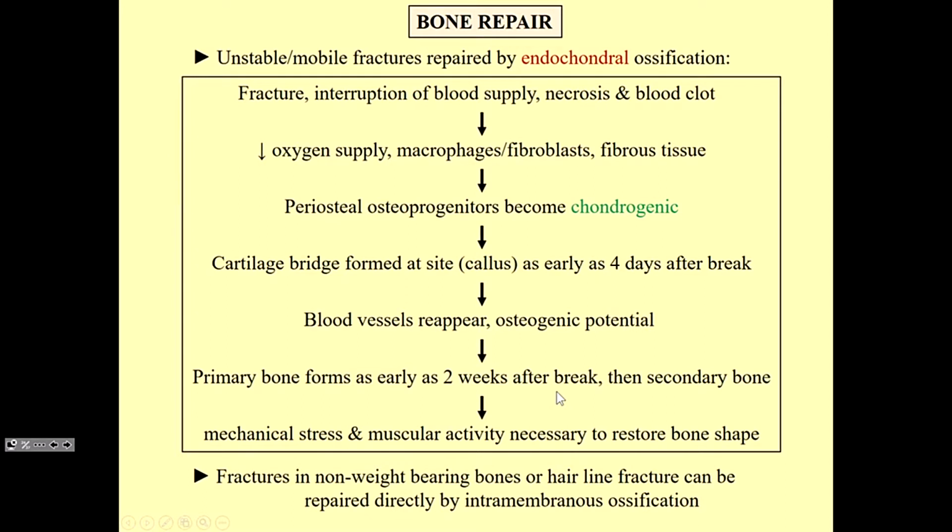So there's that sequence. All three of those events, the evolution of skeletal structures, the embryological development of skeletal structures, and now we see in bone repair the same sequence. They're all interrelated, and it makes sense that for the most part bone repair is going to be an endochondral mechanism.